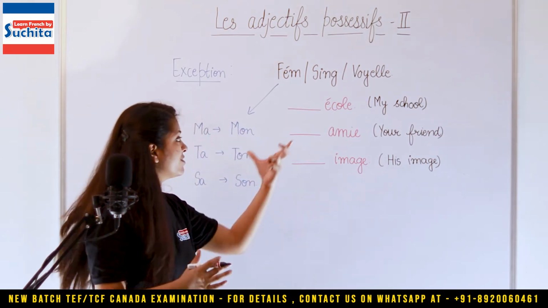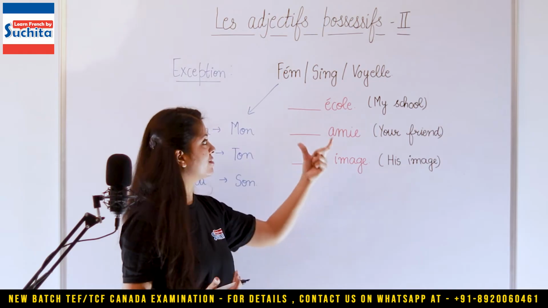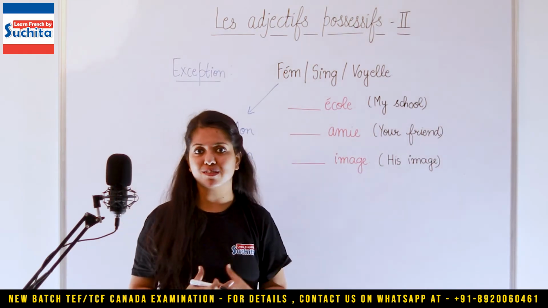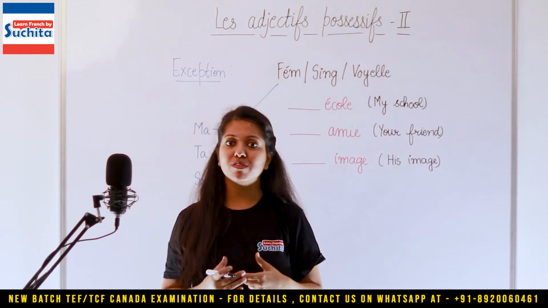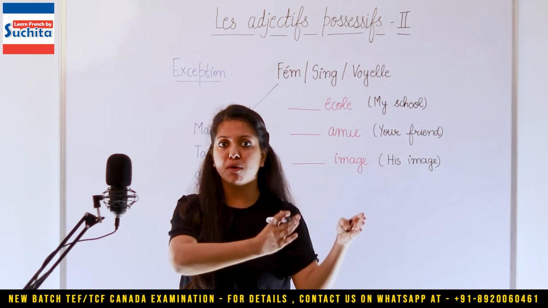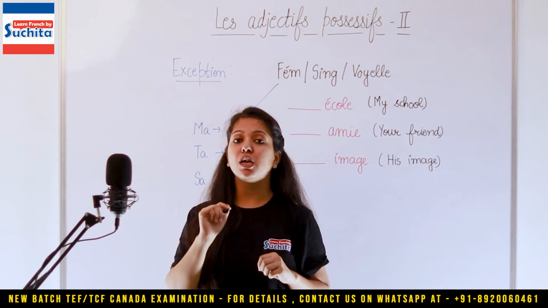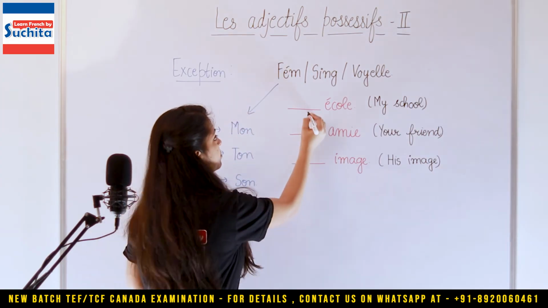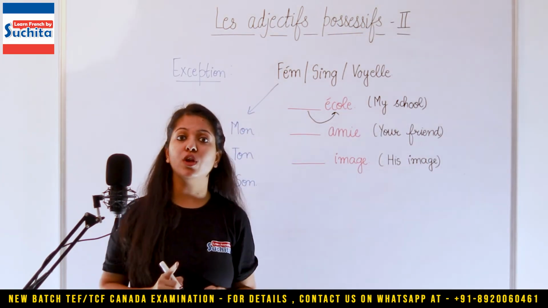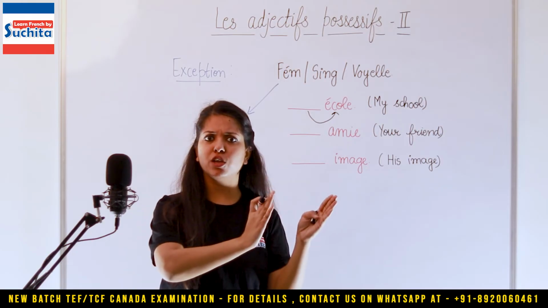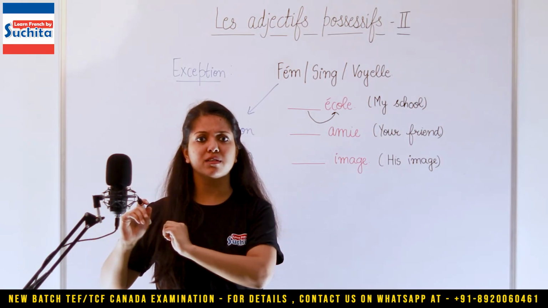First I'll explain according to the normal rule, so you will understand. If I want to say my school, for saying my you have three different ways, mon, ma and me. And I told you that that would be dependent upon the word which follows it. So, école, that is masculin singulier, féminin singulier or pluriel?